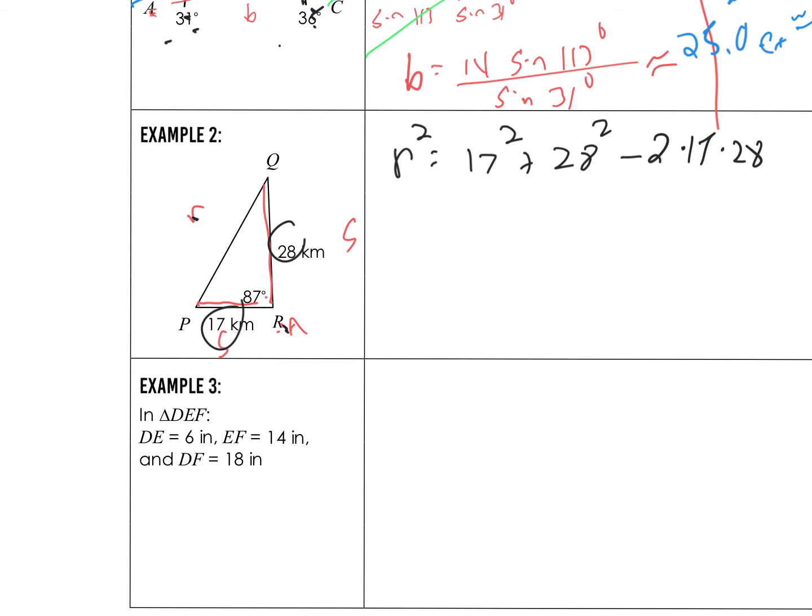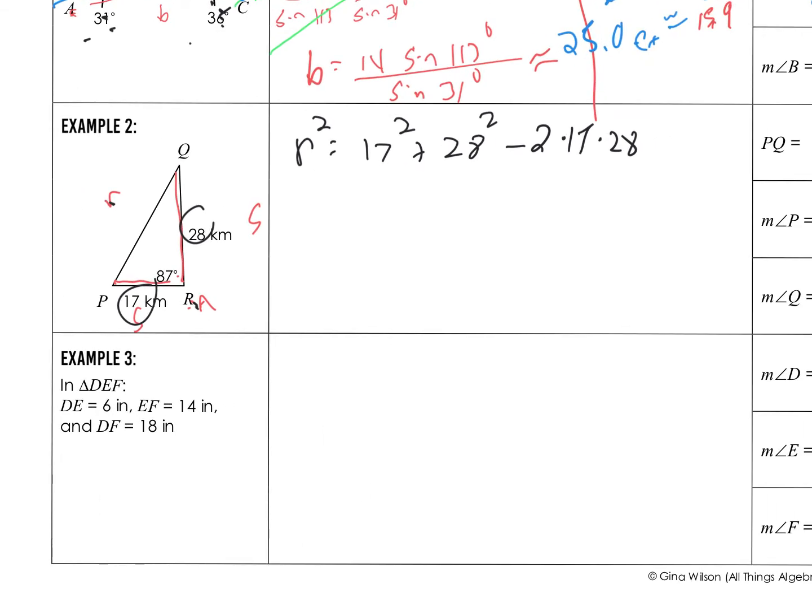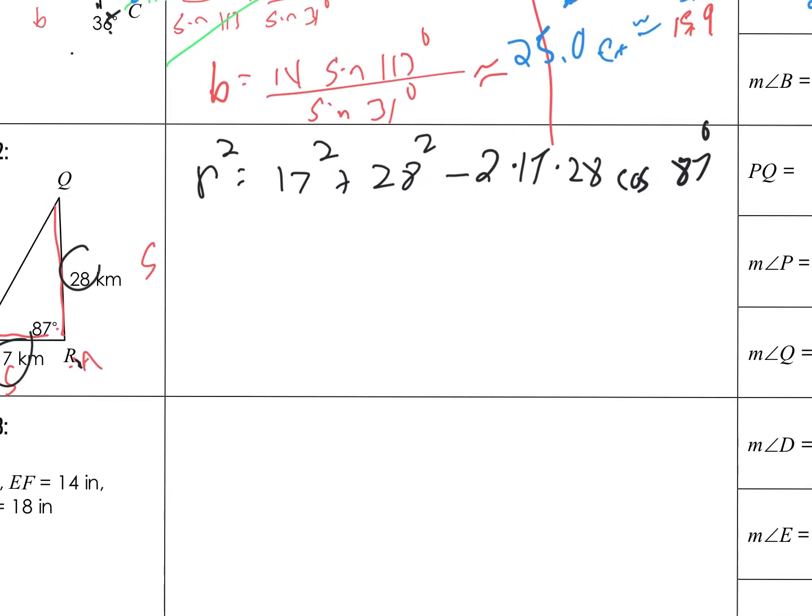One more thing. It wouldn't be the law of cosines without the cosine. Cosine of what angle is that? Angle R. 87 degrees. Is that right? Now, that's a lot of work. R squared equals, could somebody please tell me what 17 squared plus 28 squared is?